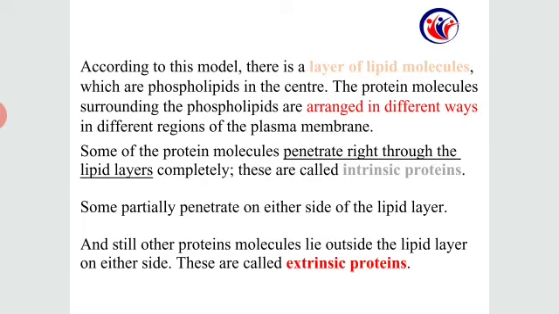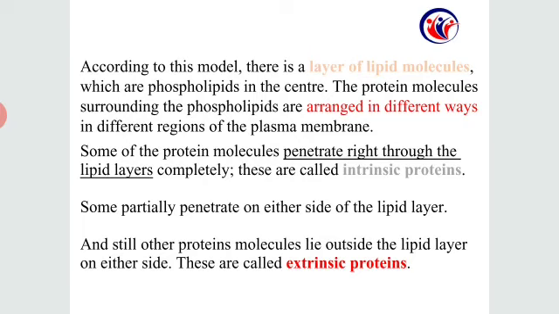Now, some, like the other one you saw with the carbohydrate attached, partially penetrate on either side of the lipid layer, but they don't go through it. Then you have these other proteins, which we call the peripheral proteins, that are on the surfaces. We are saying that some of these proteins lie outside the lipid layer on either side.